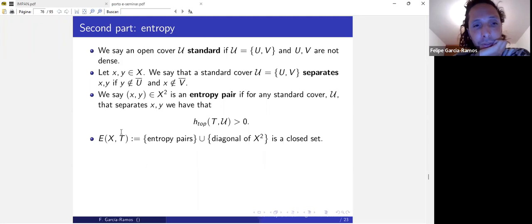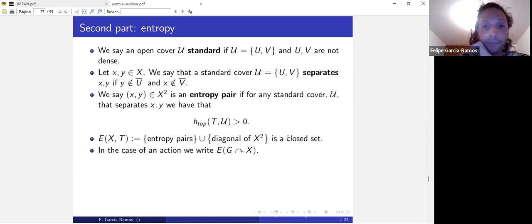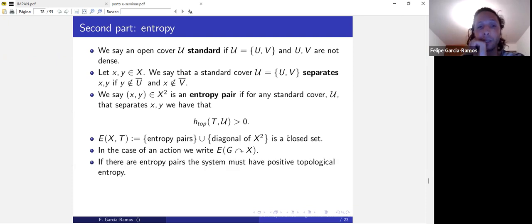If you take the entropy pairs and the diagonal of X squared, you get a closed set. We write it E_X, or E_G(X) in terms of an action. Obviously, if you have an entropy pair, the topological entropy with respect to this open cover is positive, and hence the entropy has to be positive.